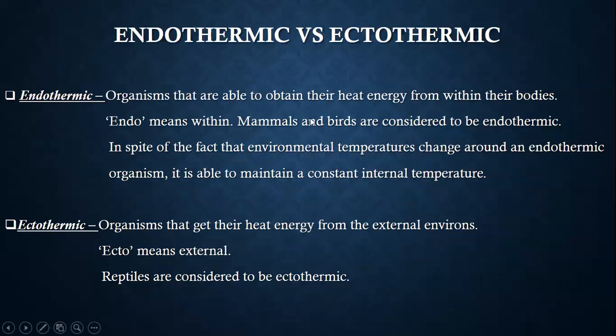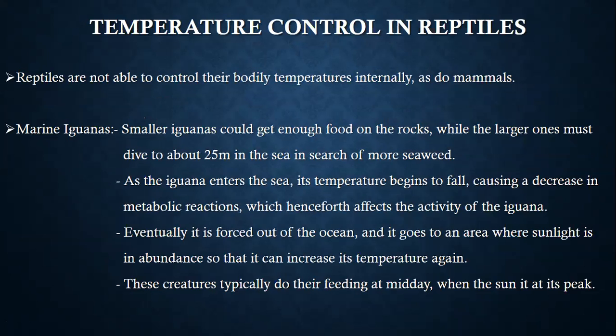these creatures are what we call ectothermic creatures. All right, ecto meaning external, that's the second part of the definition there. Excuse me, Miss, you could just go back for a second, please. Sure. All right, thank you. No problem.